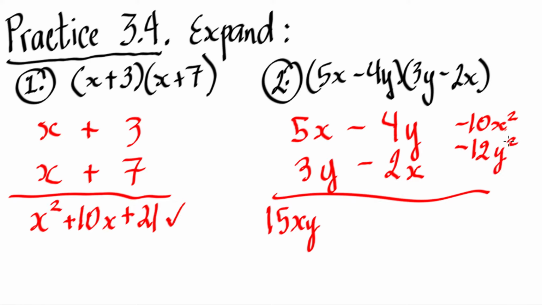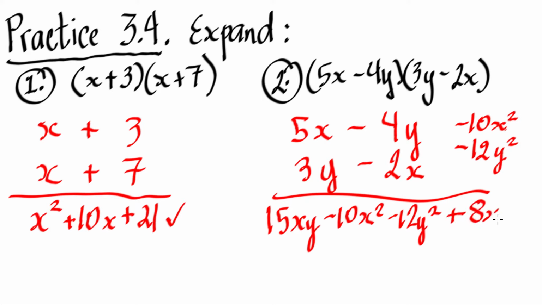Now notice in our middle term, we should combine them, but we cannot because they are of different signs. So we're just going to write them as minus 10x squared minus 12y squared. And then lastly, for our vertical method, minus 4y times minus 2x is going to give us positive 8xy.